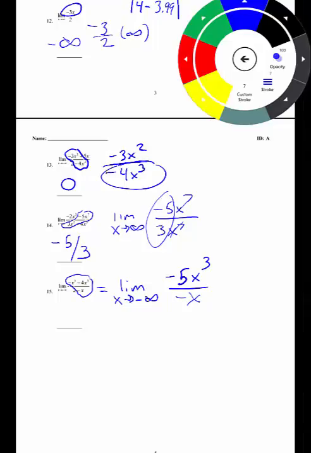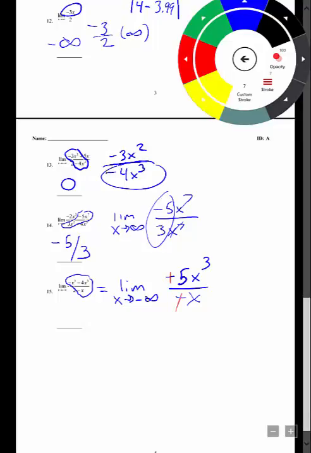And then if you notice, the negative signs can cancel out, and we can cancel out an x to make that x squared. So if we plug in negative infinity, that's 5 times negative infinity squared, which becomes 5 times positive infinity, because when you square something, the negative goes to positive, so this is positive infinity.